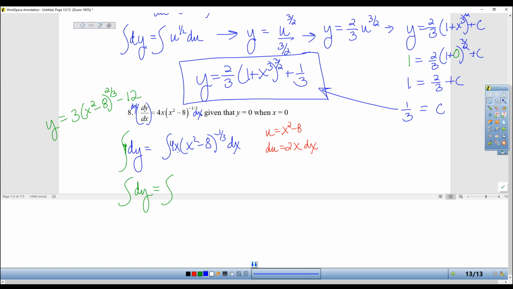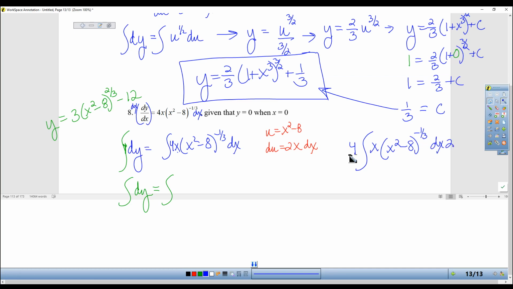The safer way to do it would be to take the 4 out, and then you would have x times x squared minus 8. I don't know why that's not writing, sorry. Take the 4 out, write the x, and then (x squared minus 8) to the negative 1/3 dx. And then do it the way you always do.